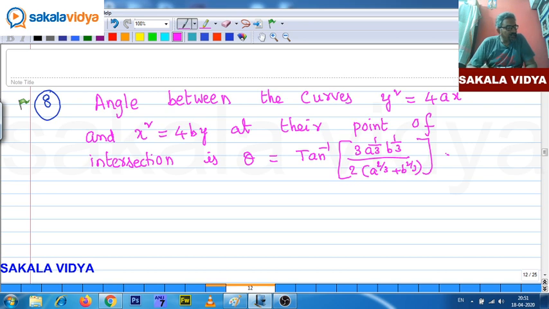xy is equal to c square is a rectangular hyperbola. That means x square minus y square is equal to a square, without shifting the origin, if you rotate by angle 45 degrees, you will get xy is equal to c square. So that is a rectangular hyperbola.